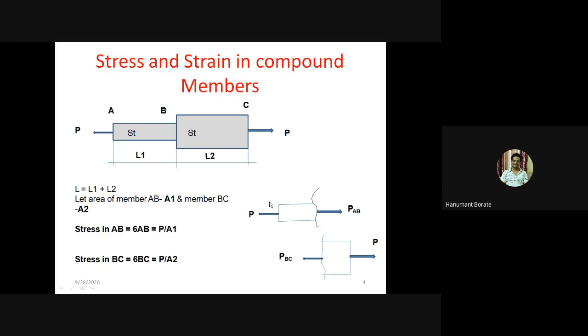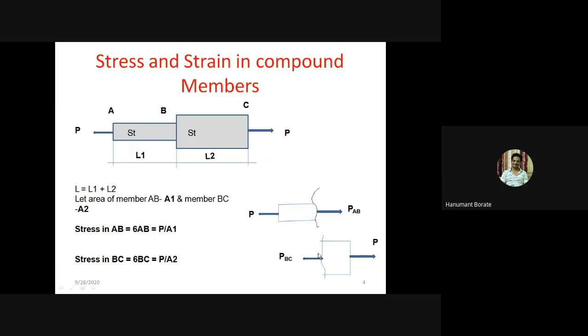So by using that condition, if we apply summation Fx equals 0, this P force is acting at surface A, right? And PAB is the internal force. If we solve for summation Fx equals 0, we get the value of PAB. So PAB equals P.